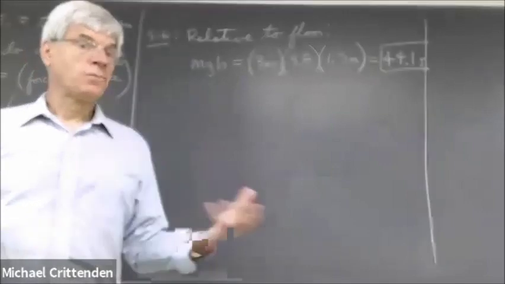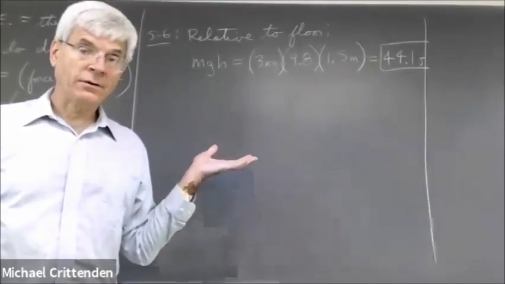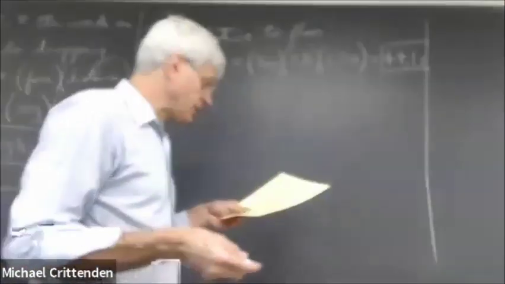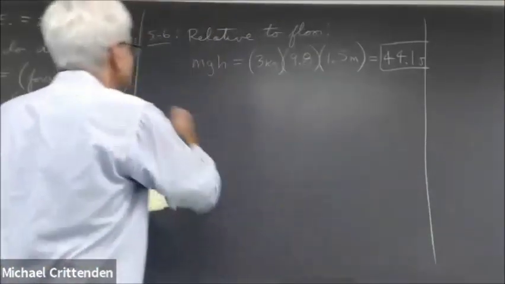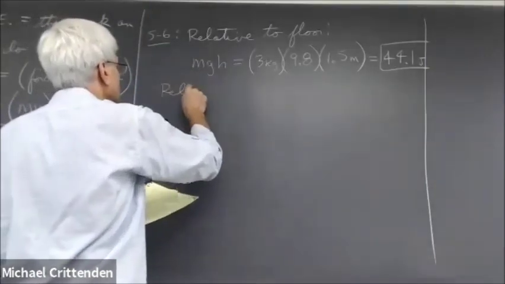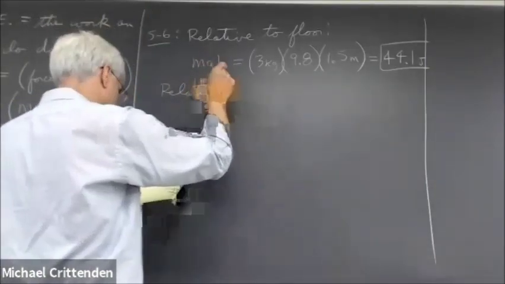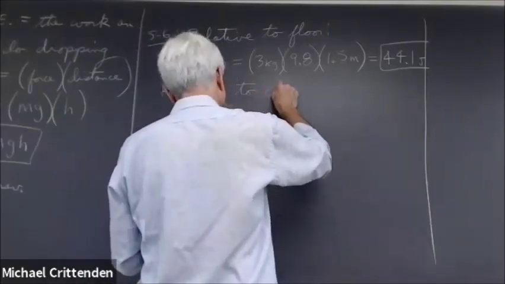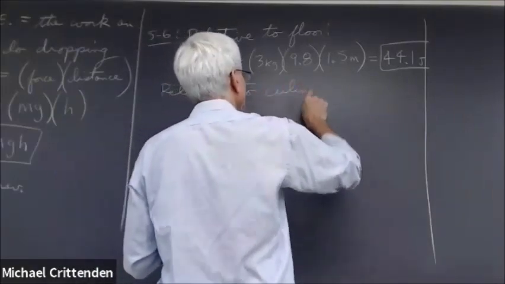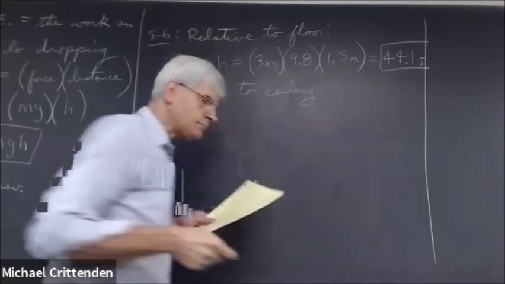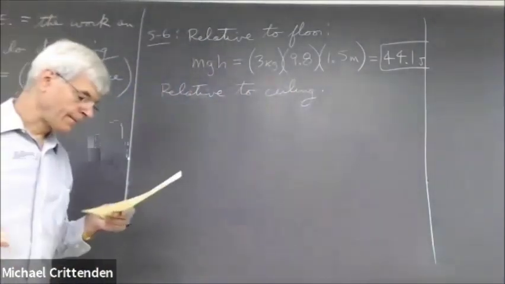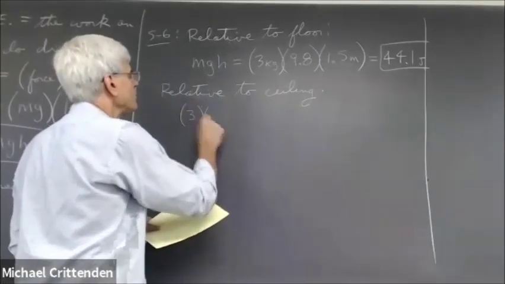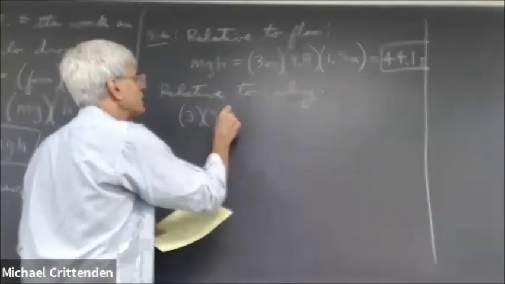But why relative to the floor? You could just as correctly measure the potential energy from the ceiling. mgh again, 3 kilograms times 9.8.